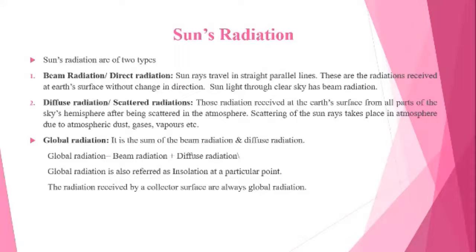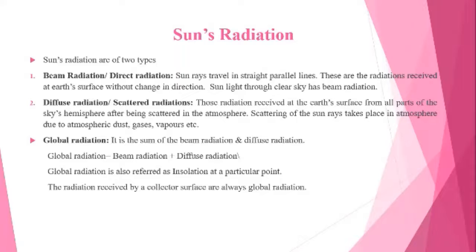Then the second type is diffuse radiation, also called scattered radiation. From the name, we can understand that this type of radiation is spread out. These are radiations received at the Earth's surface from all parts of the sky's hemisphere after being scattered in the atmosphere.